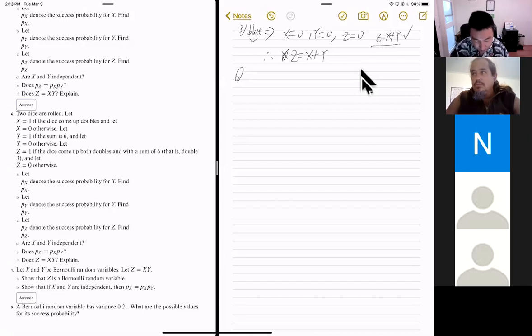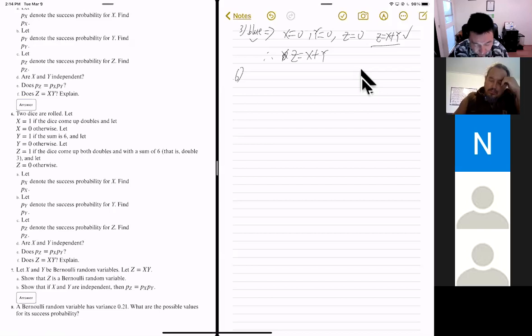X equals 1 when the dice come up with doubles. So that means, we have 2 dice. Doubles means we have 1,1, or 2,2, or 3,3, or 4,4, or 5,5, or 6,6, right? So we call that double. So same result for the 2 dice. And X equals 0 otherwise.